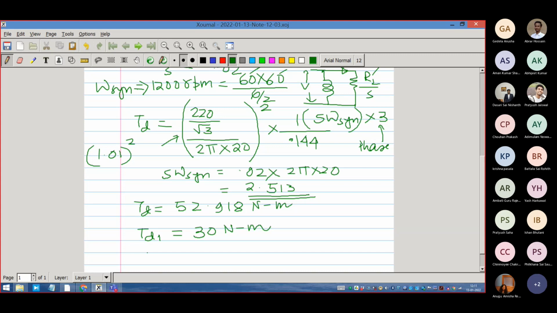As per our understanding, the new S omega sin, corresponding to 30, that product has to be found. It doesn't matter what the numerical value of omega sin is. What matters is the product term, because the torque expression has been written in this way.